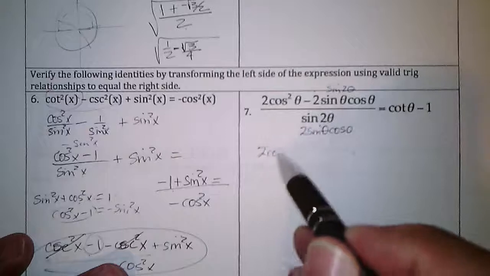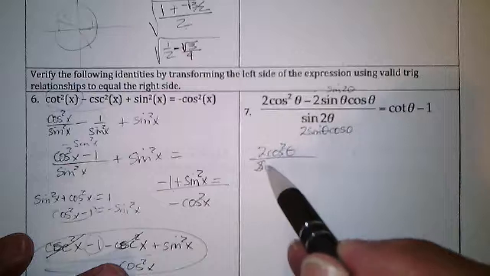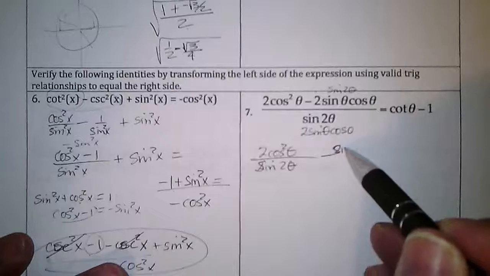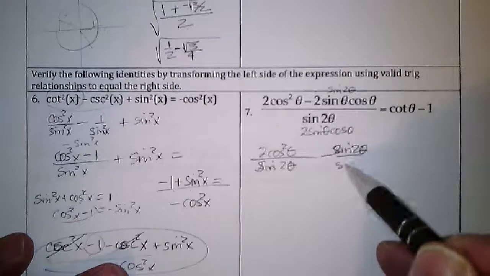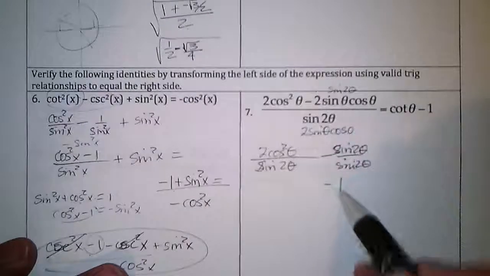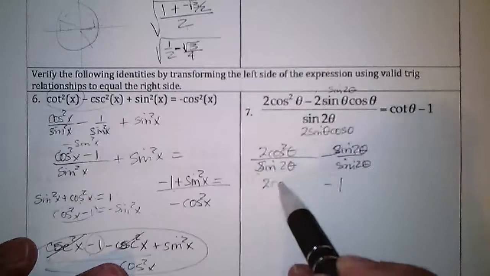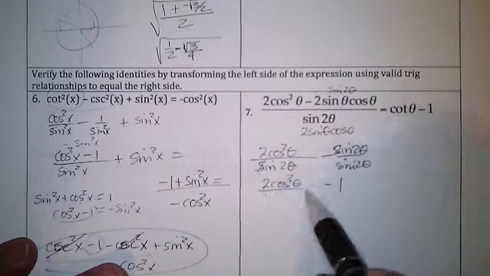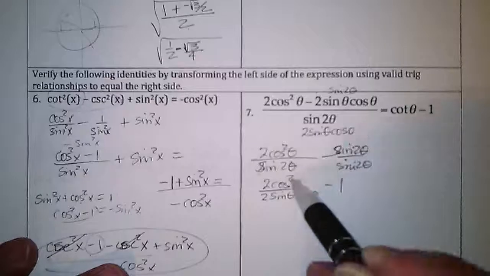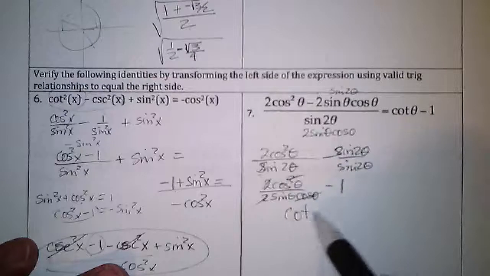That'd be 2 cosine squared theta over sine 2 theta minus sine 2 theta over sine 2 theta. This is negative 1. And this would be 2 cosine squared theta over 2 sine theta cosine theta. One of the cosines cancels, the 2's cancel, and I get cosine over sine, which is cotangent theta, minus 1.